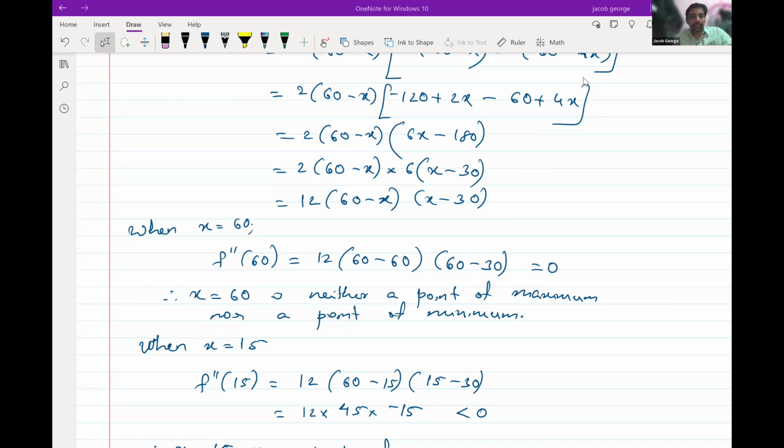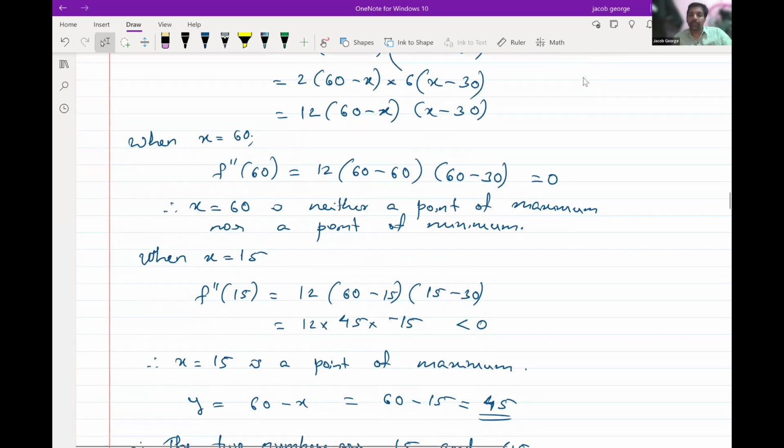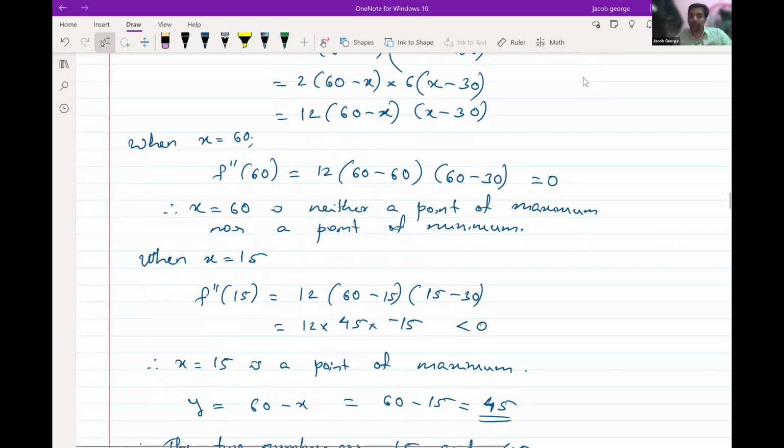Did you complete f double dash 15? Yes, done, sir. So this is negative, which means x is equal to 15 is the point of maximum.